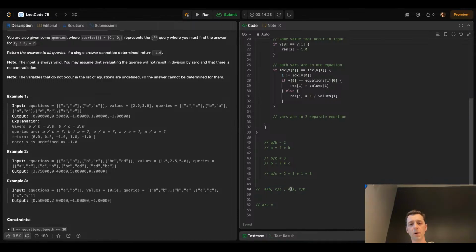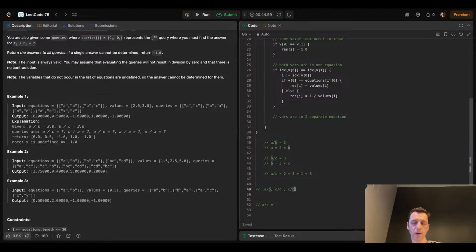Now, if you have A and D, or at least you have C and B, now you can express, you can say, what is B?